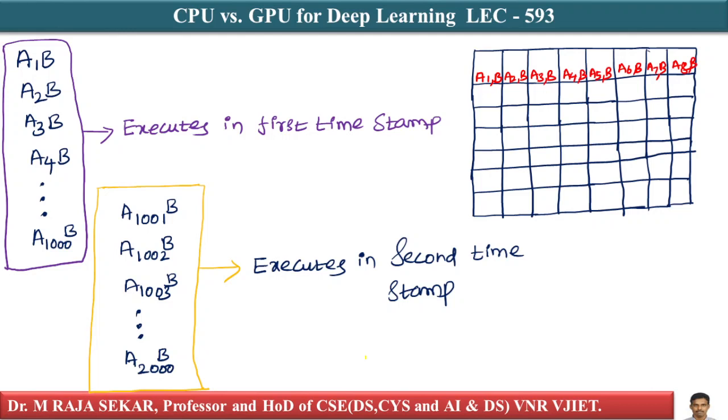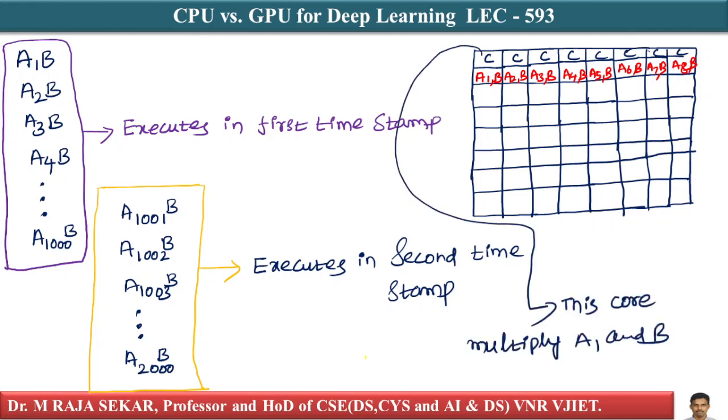What is the meaning of A1 into B in the first cell? First cell means you have cache as well as core, isn't it? This core multiplies A1 and B, the second core multiplies A2 and B, the third core multiplies A3 and B. This is your A1 and you have B. Even this operation requires some multiplications and additions that will be performed by this core, isn't it?